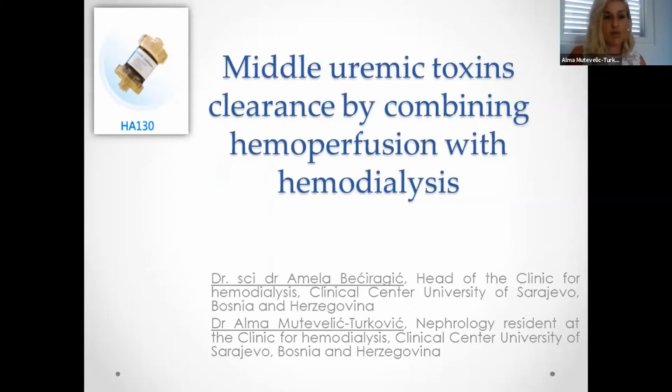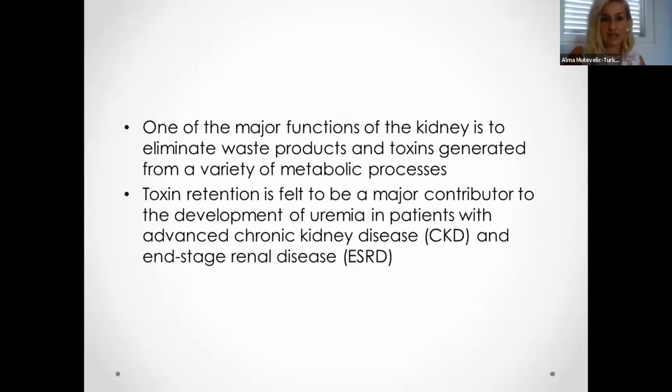As we all know, one of the major functions of the kidney is to excrete and eliminate waste products and toxins, which are mostly generated from a variety of metabolic processes. The retention of these uremic toxins causes the various clinical symptoms of uremia, which is present in advanced chronic kidney disease.